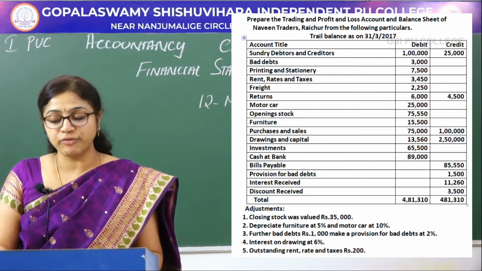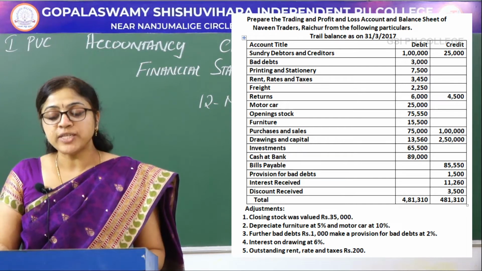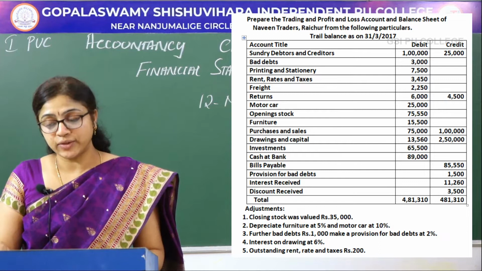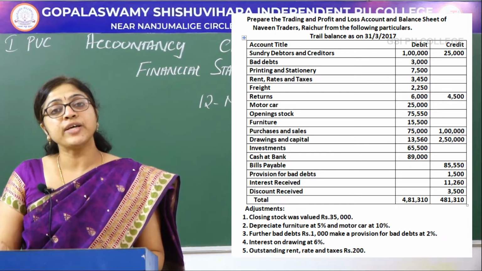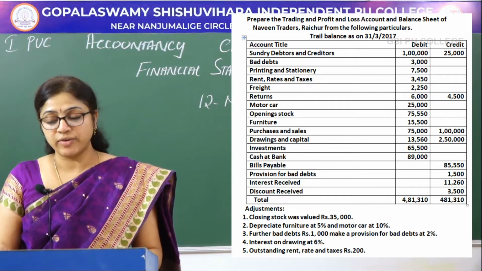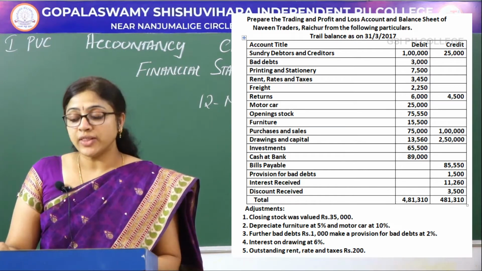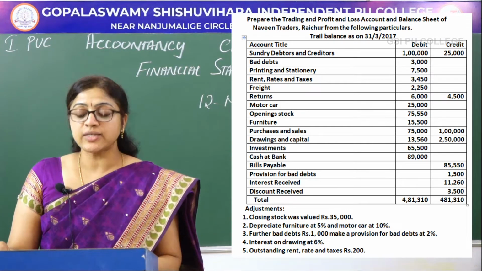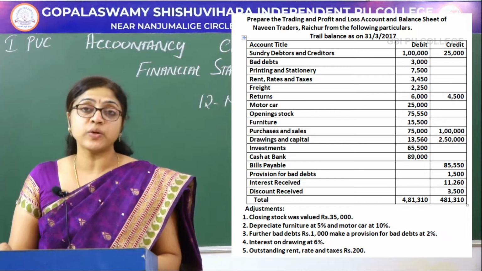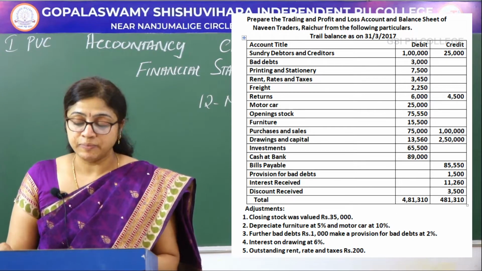13,560 and 2,50,000. Investments 65,500, cash at bank 89,000, bills payable 85,550, provision for bad debts 1,500, interest received 11,260, discount received 3,500. So total of the trial balance is 4,81,310.